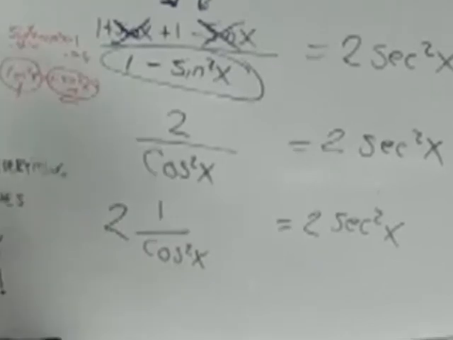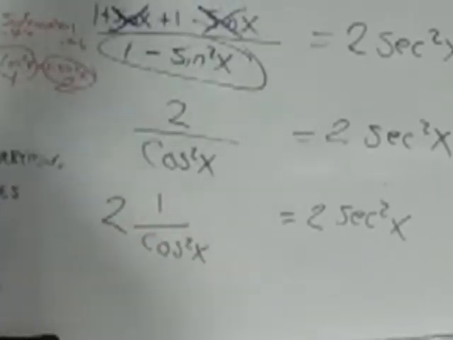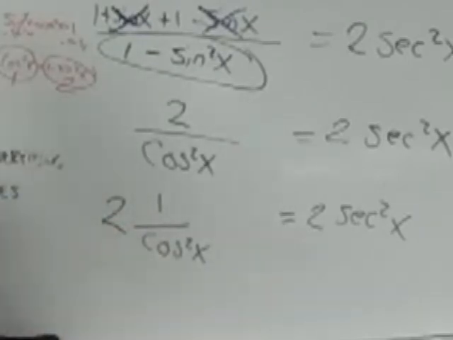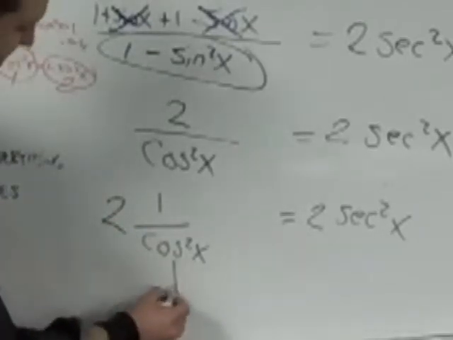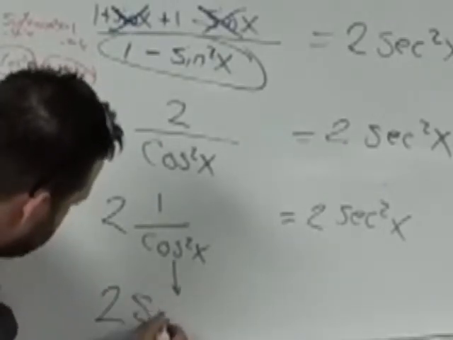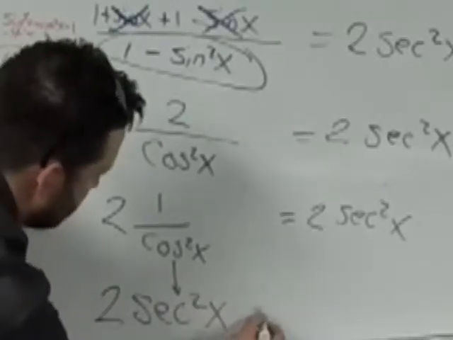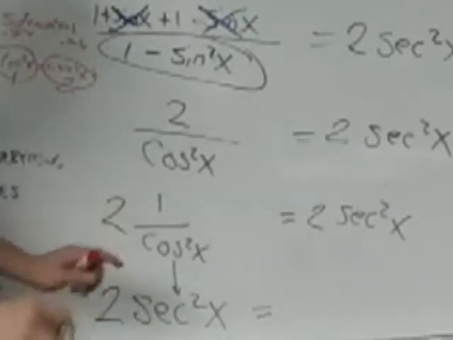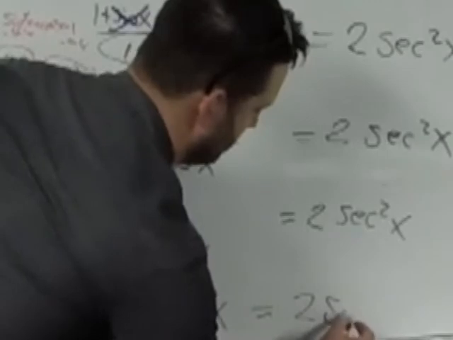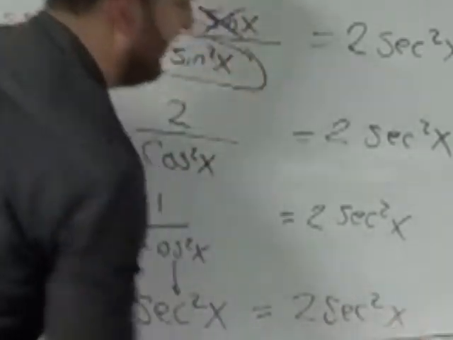And then the last thing is this right here, using your identities, 1 over cosine squared will turn into secant squared. So this right here, I'm down at the bottom, so let's see, 2 secant squared x equals, and heck, that's it. I'm done. I wanted to make it look like 2 secant squared x, and I got it to look like 2 secant squared x.